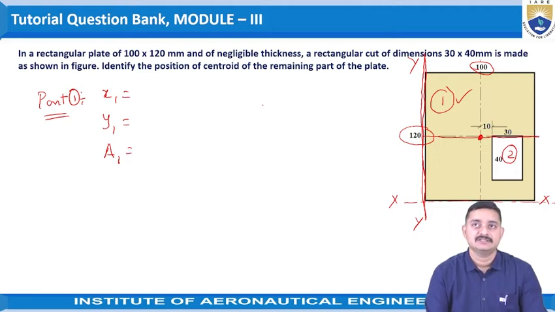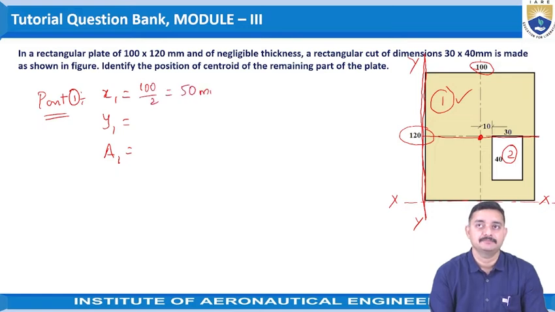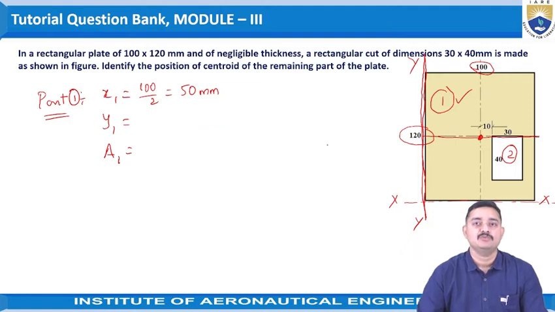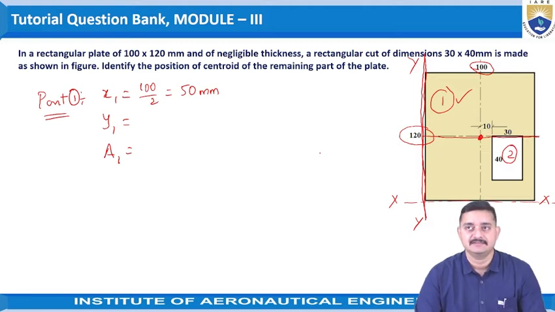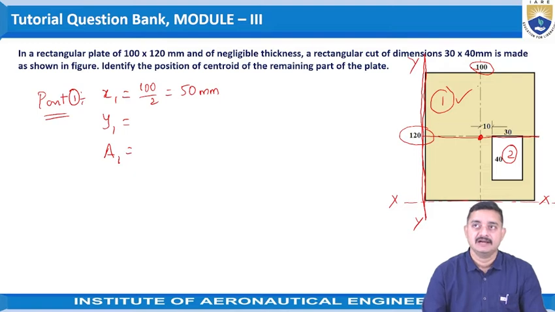Hence the distance would be 100 by 2, that is 50 mm. Now coming to y1, the distance of the centroid from the x-axis. The total height is given as 120 and the centroid lies at half of this, so 120 by 2, that would be 60 mm.